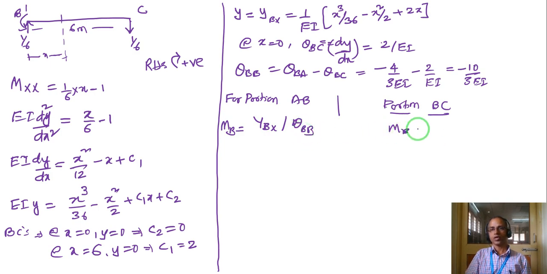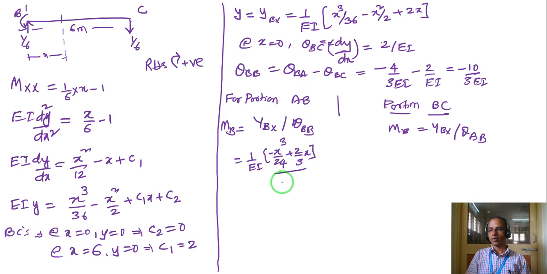Here also MB equal to YBX by theta BB. By substituting theta BB, which is minus 10 by 3EI, I get the ordinate here as 1 by EI times minus x cube by 24 plus 2 by 3x, whole divided by minus 10 by 3EI.